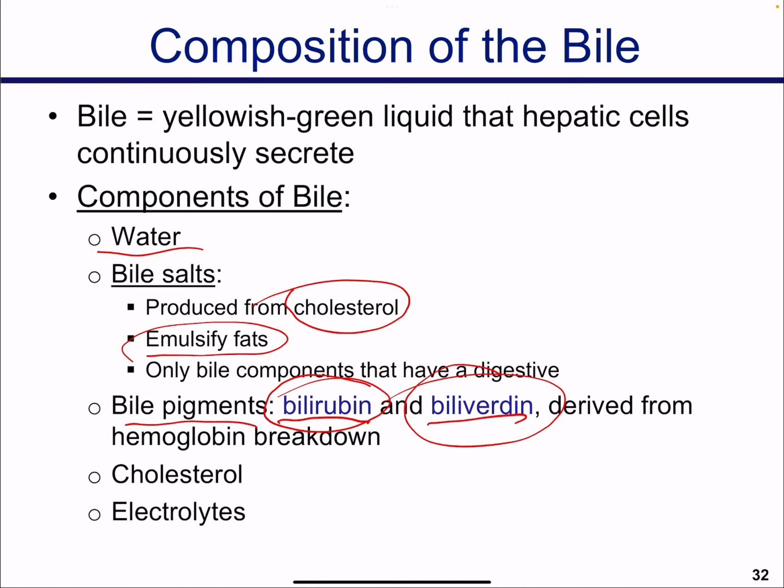This bilirubin and biliverdin are very characteristic in the sense that they produce a certain color, right? That color eventually is going to be found ultimately in the feces that causes the feces to have the color they have. But that's another story that we are going to cover at some point, right? In the bile, you also have cholesterol and electrolytes. Electrolytes are basically salts, okay?